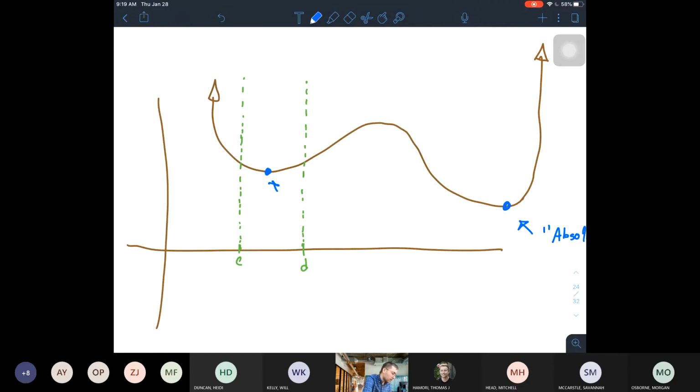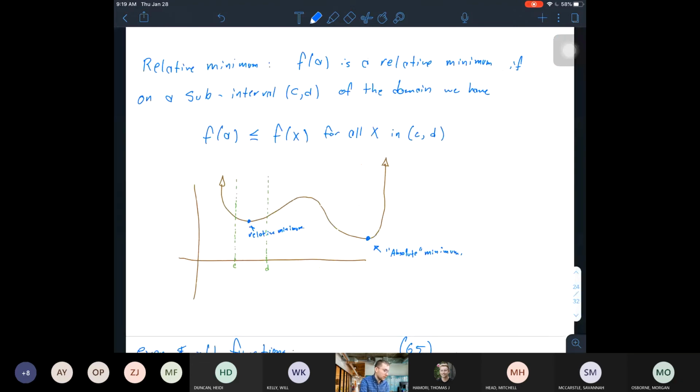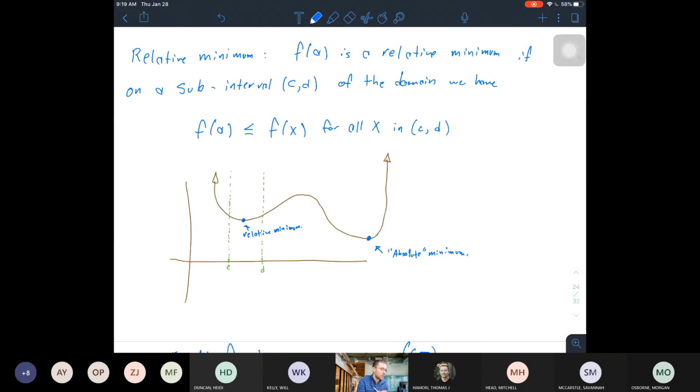So we call this a relative minimum. Okay, so when we're talking about relative minimums and relative maximums, we're really just talking about limiting our perspective. If we limit our perspective, is it the smallest or largest in that limited perspective?